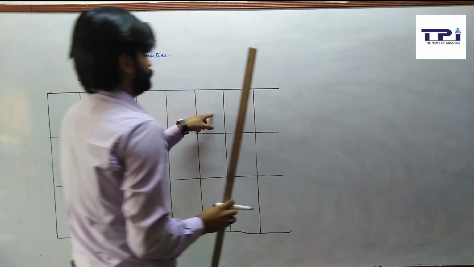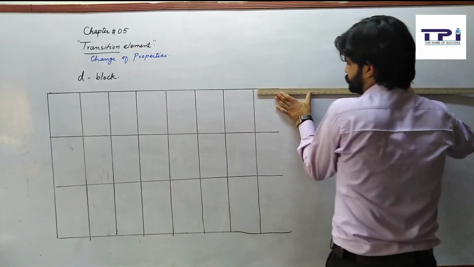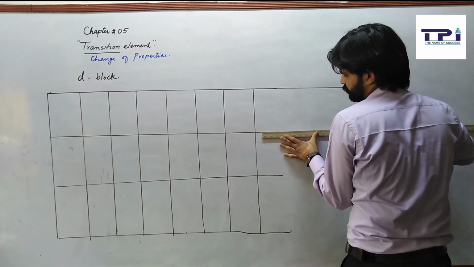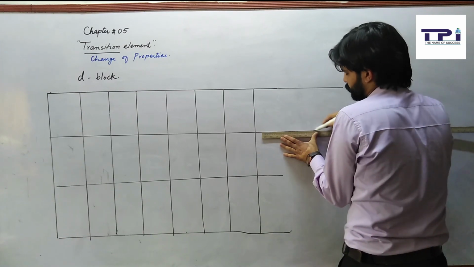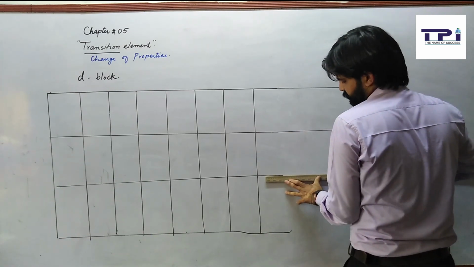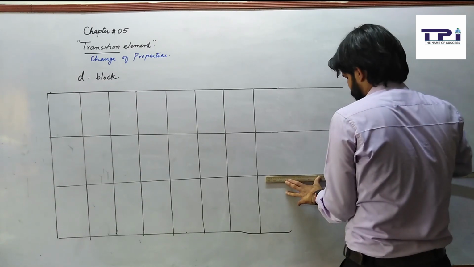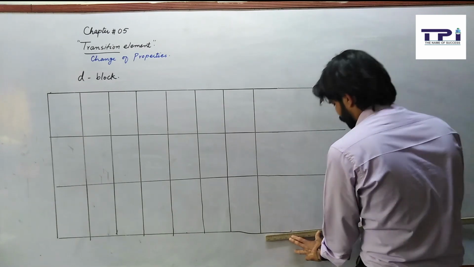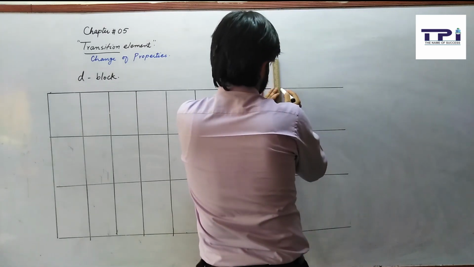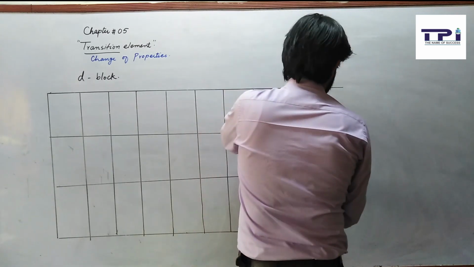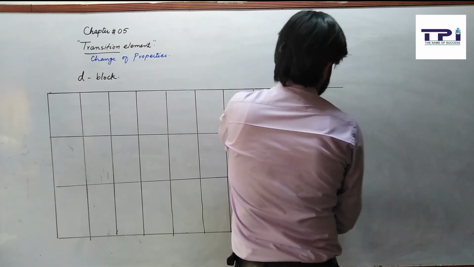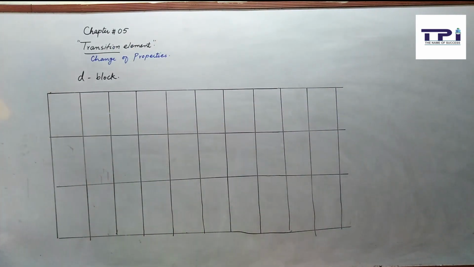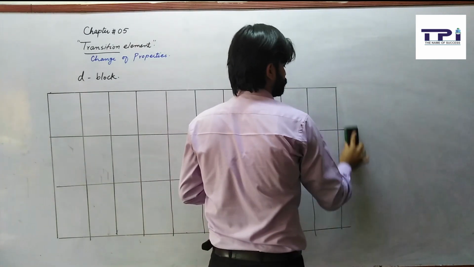There are 10 elements in each series, and we have a total of 4 series.